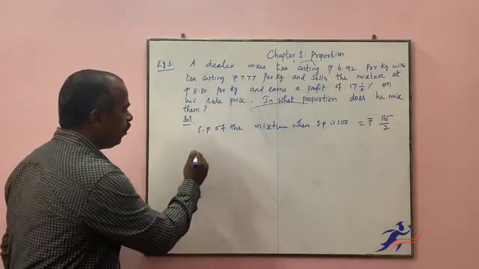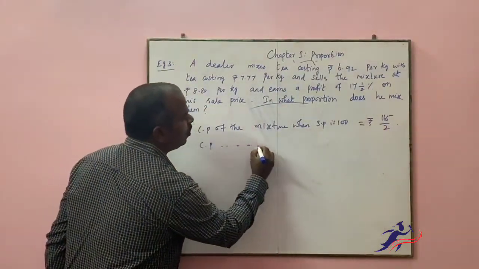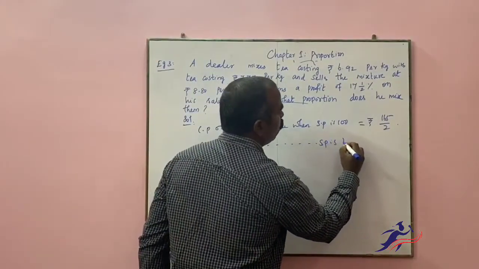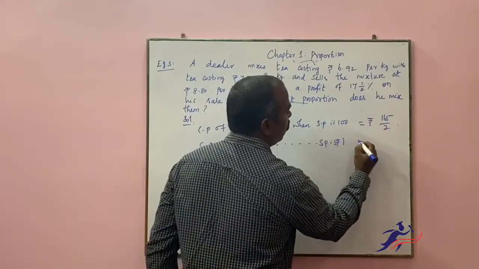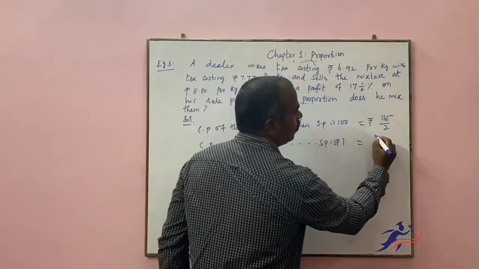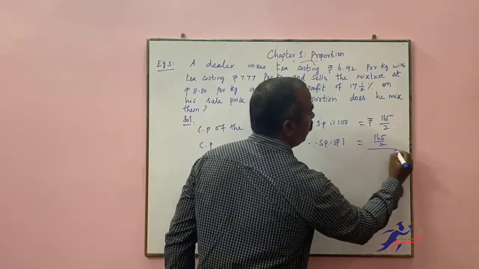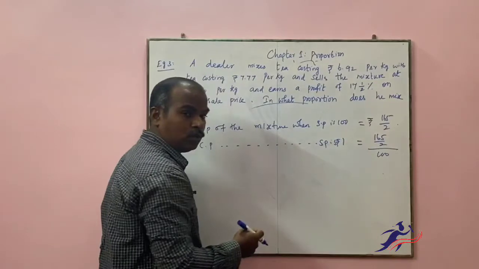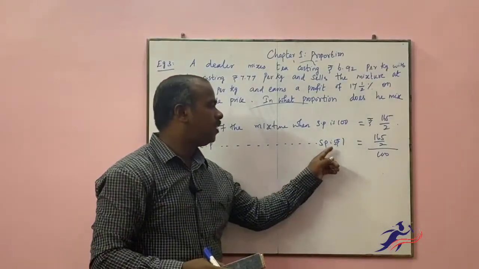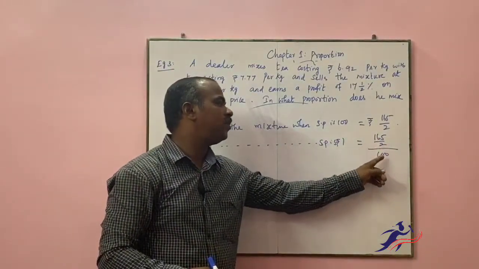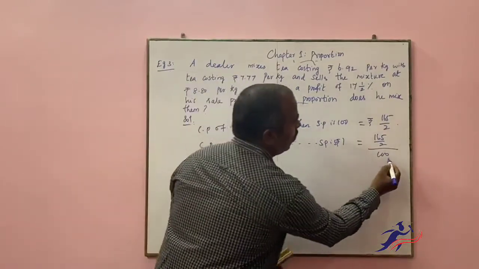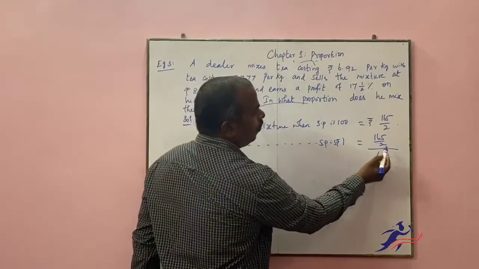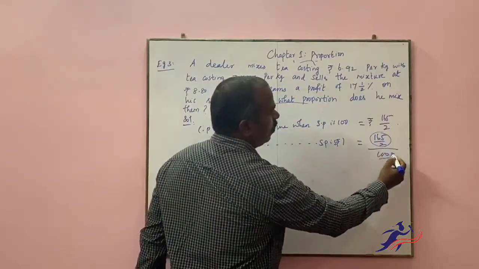Therefore, we can find the cost price of the mixture when SP is 1 rupee. For 100 rupees it is 165/2 rupees, so when SP is 1, it is 165/2 divided by 100. 100 can be written as 100/1, so here also a fraction, here also a fraction.